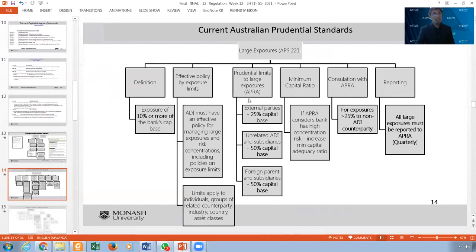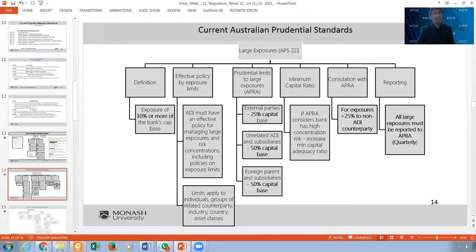They have to have prudential limits to large exposures. You can go up to 25% of your capital, and you can go to unrelated ADIs up to 50%, or foreign parent and subsidiaries up to 50% of your capital as loans. That is also expected.